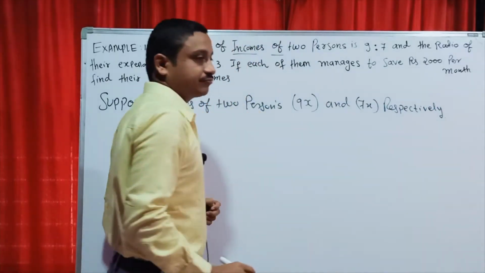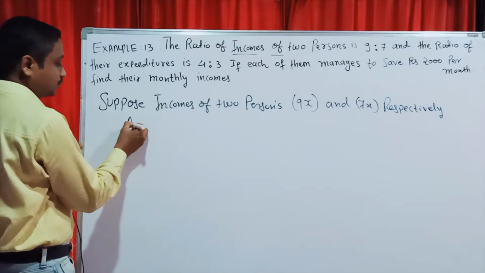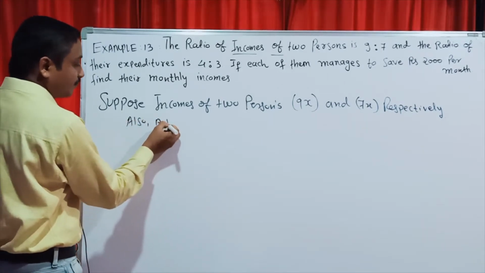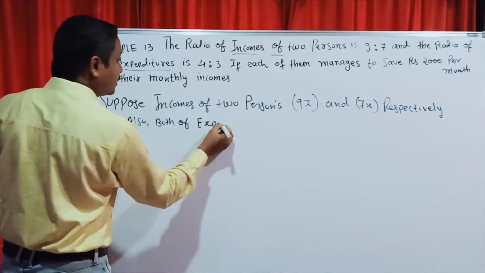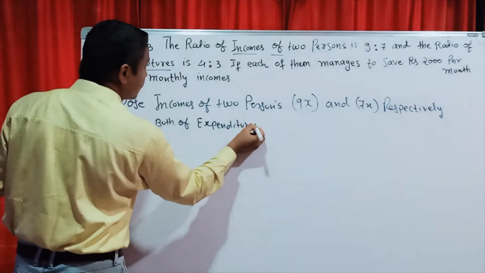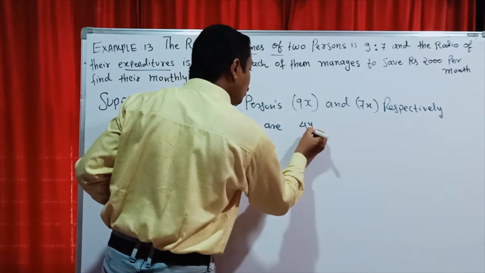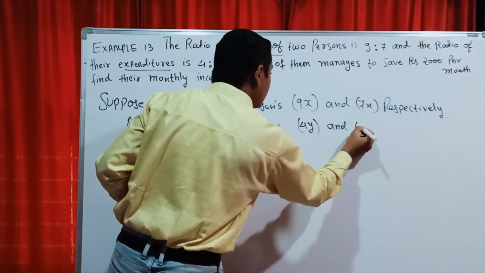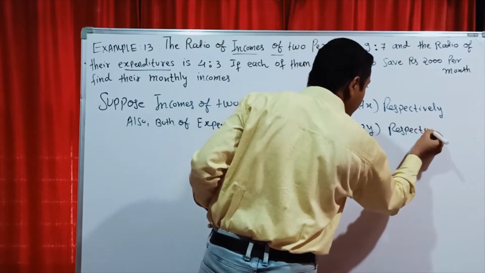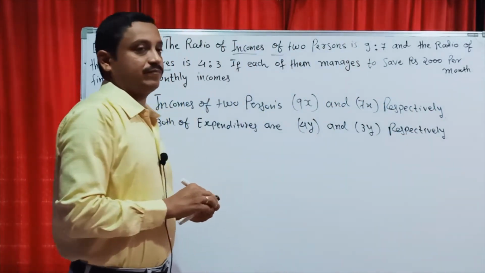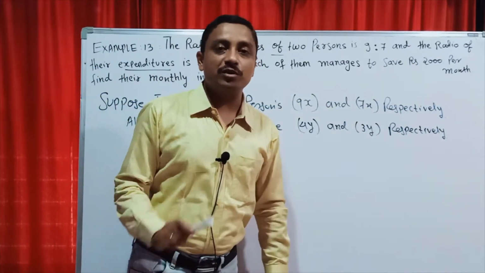This I assume. And second, their expenditures are given as 4:3, so I take 4y and 3y respectively. Now students, both of them manage to save 2000 rupees per month.